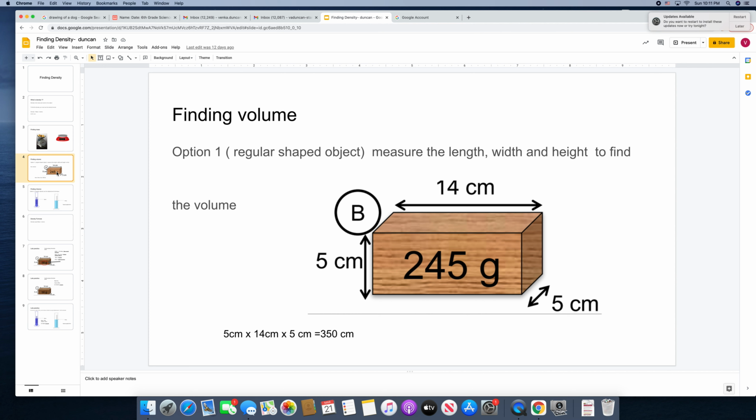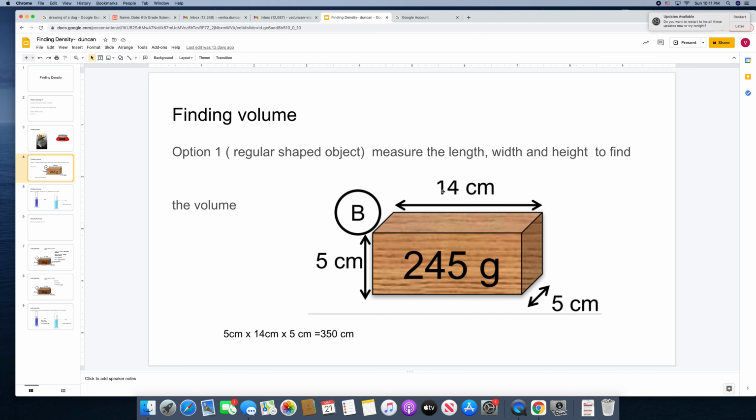There's two ways to find volume. Option 1 is shown here below. For regular shaped objects such as squares or rectangles, anything that has a length, height, and a width, you're going to use this volume formula. You're going to multiply the length times the width times the height. Here's an example below.